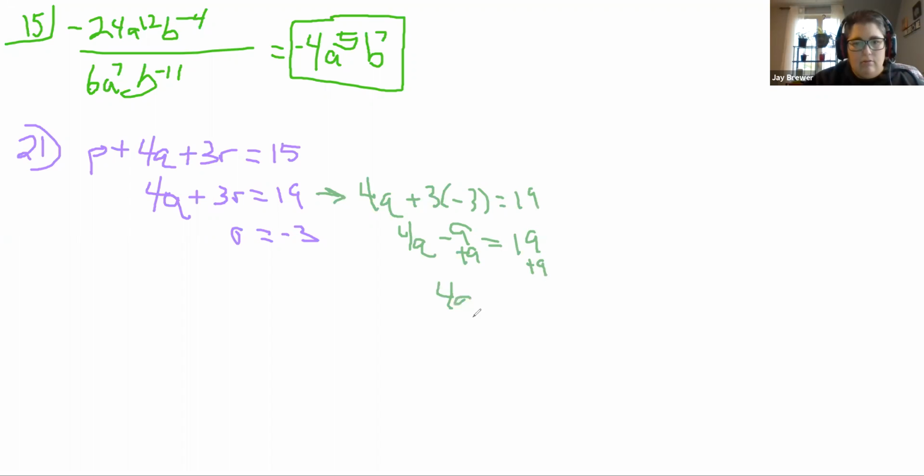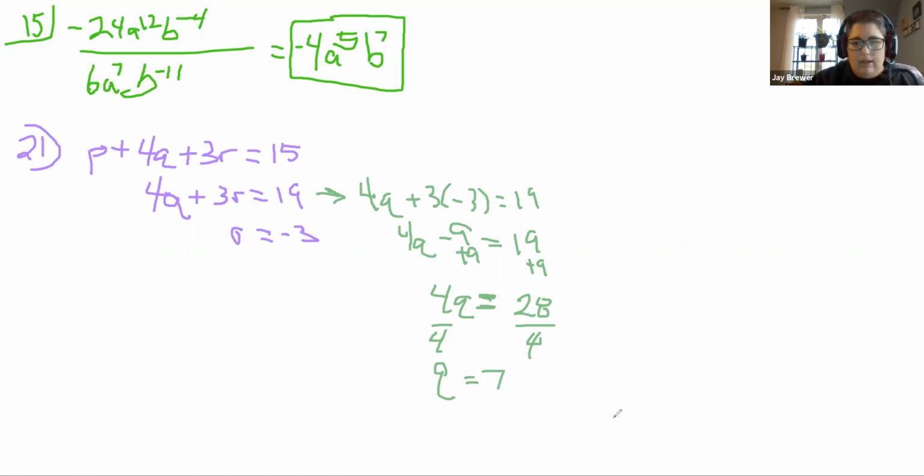So 4Q equals 19 and 9 are going to give us what? 4Q equals 28. We're going to divide both sides by 4. So Q is actually going to be 7.